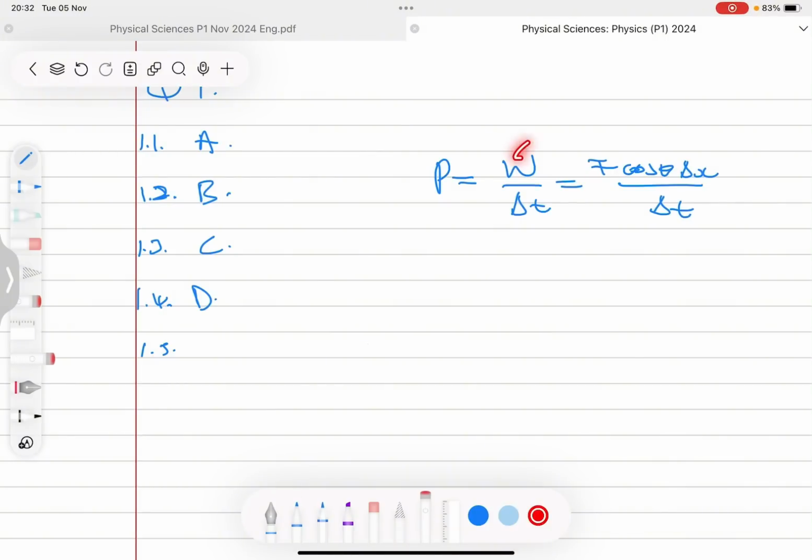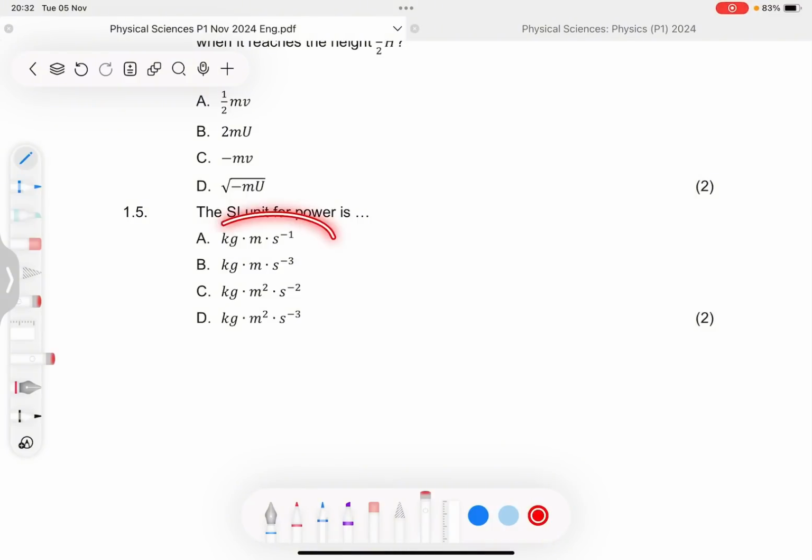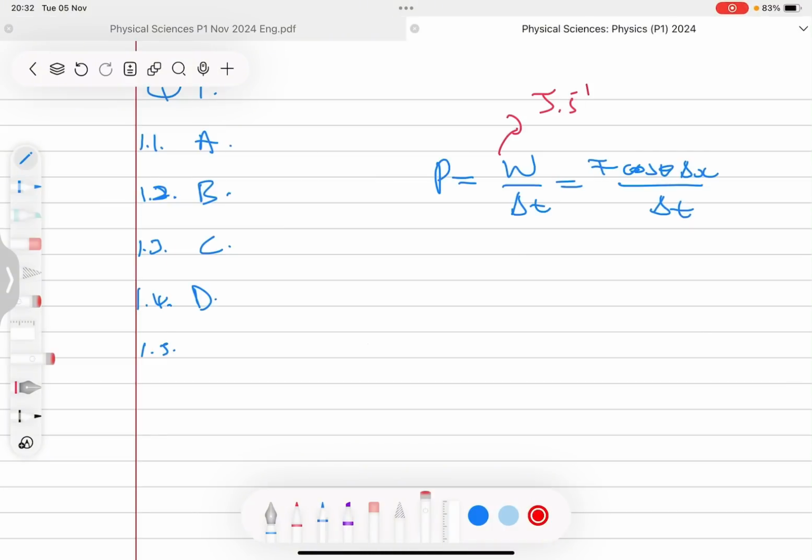Now, I'm taking this route because I can see that we have the kg meters per second, and I know that it will come from the F, right? Remember that you can simply say this is the same as joules per second, right? You can take that route, but we don't have that option there. That's another unit of power, but we don't have that option on the options given here. That's why I'm expanding the equation.